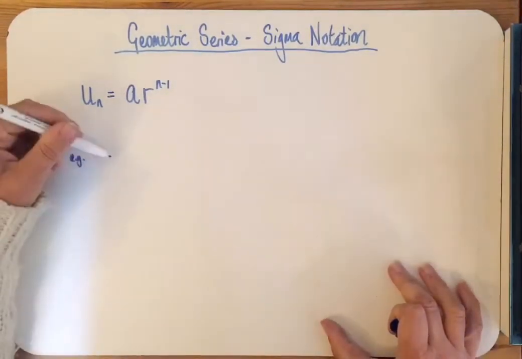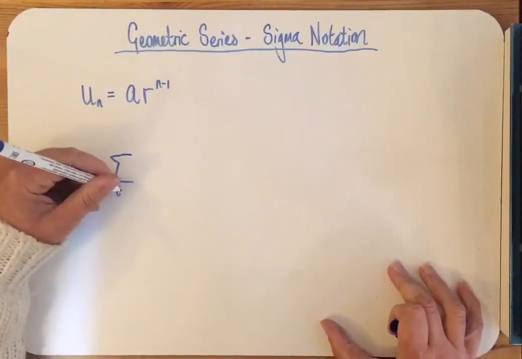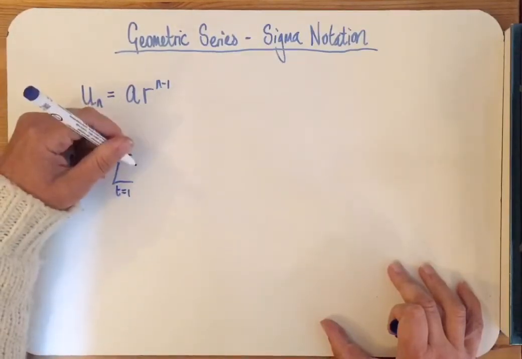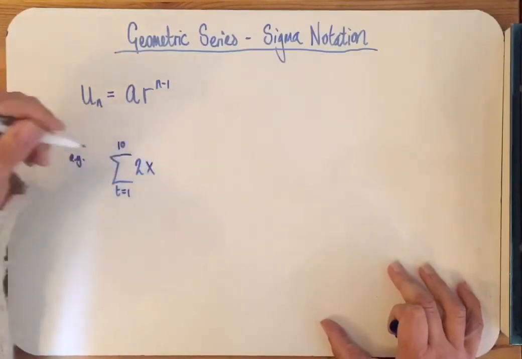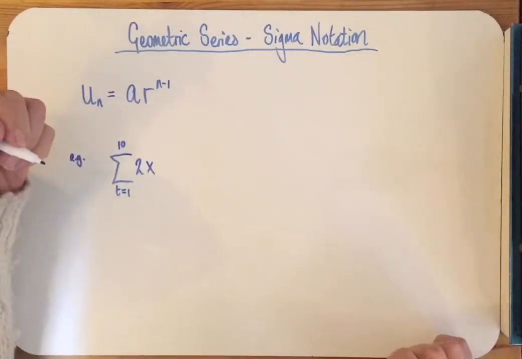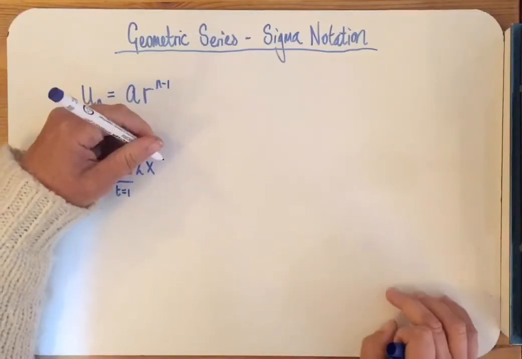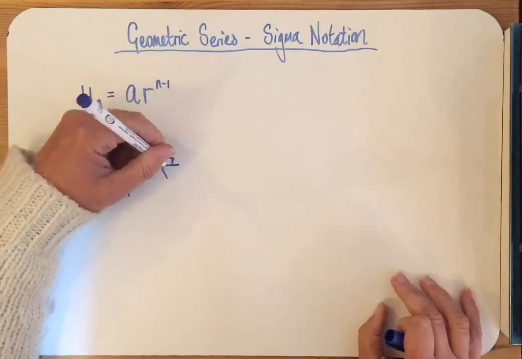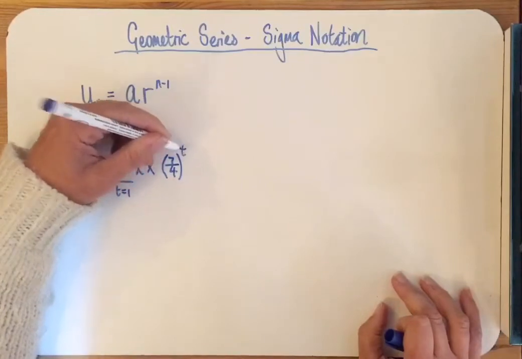So for example, you could be looking at the sum, just mixing up the notation a little bit, from t equals 1 to 10 of 2 times 7 over 4 to the power t.